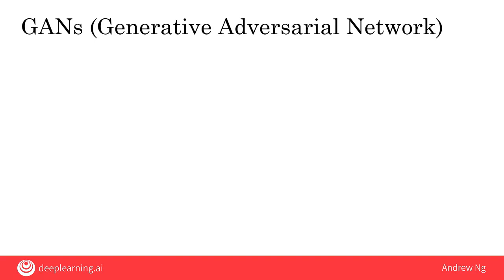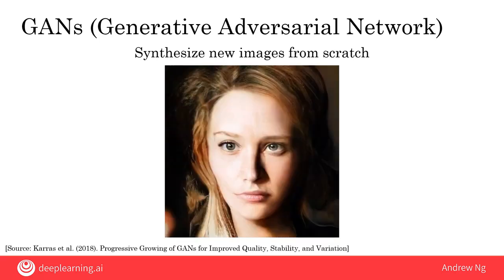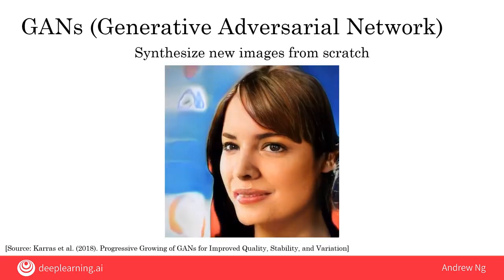GANs, or Generative Adversarial Networks, are another exciting new AI technique. They were created by my former student, Ian Goodfellow. GANs are very good at synthesizing new images from scratch. Let me show you a video generated by a team from NVIDIA that used GANs to synthesize pictures of celebrities. And these are all pictures of people that had never existed before.